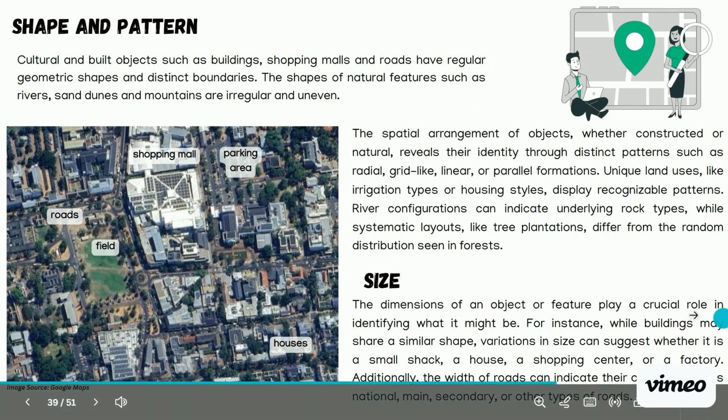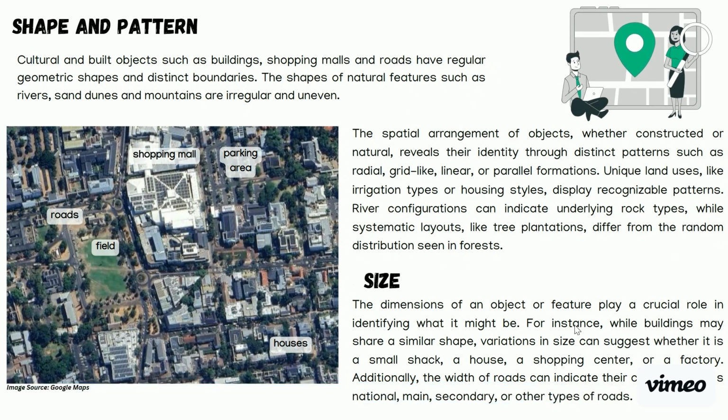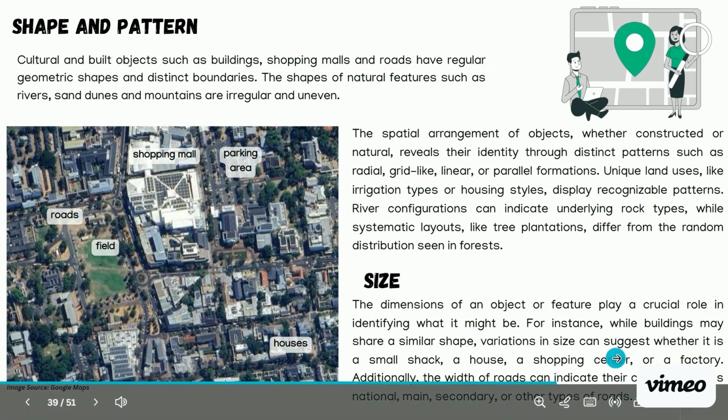For instance, while buildings may share a similar shape, variations in size can suggest whether it is a small shack, a house, shopping center, or a factory. Additionally, the width of roads can also indicate their classification as national, main, secondary, or other types of roads.